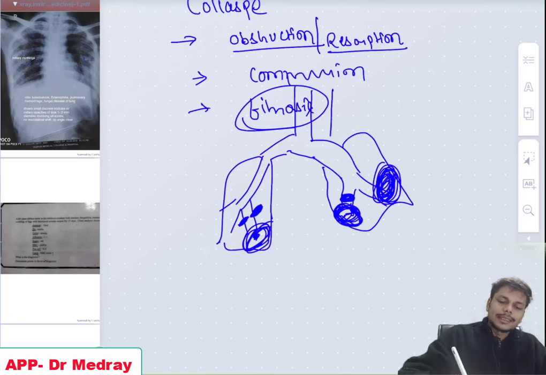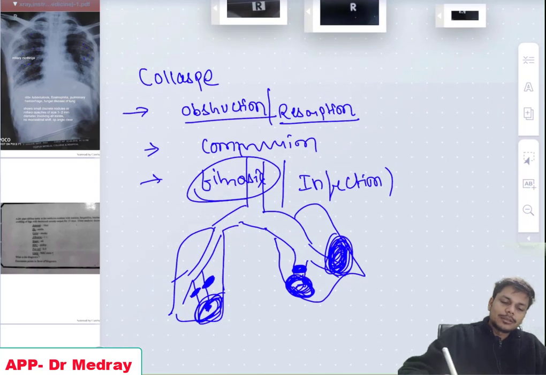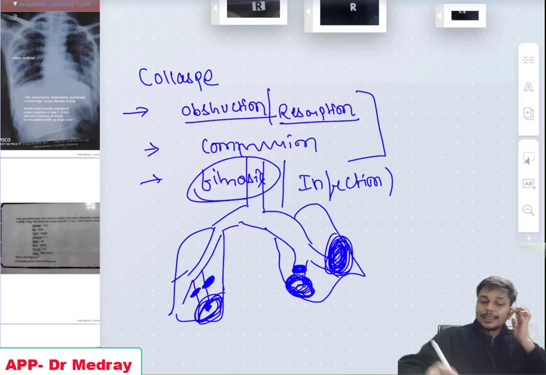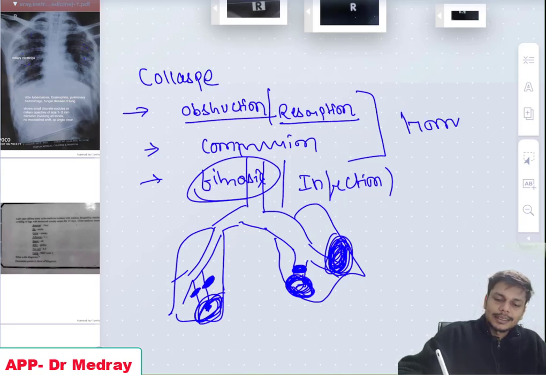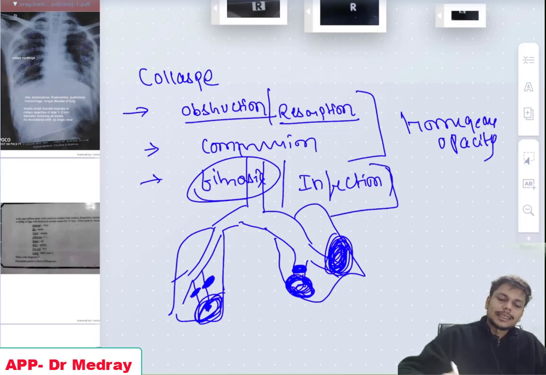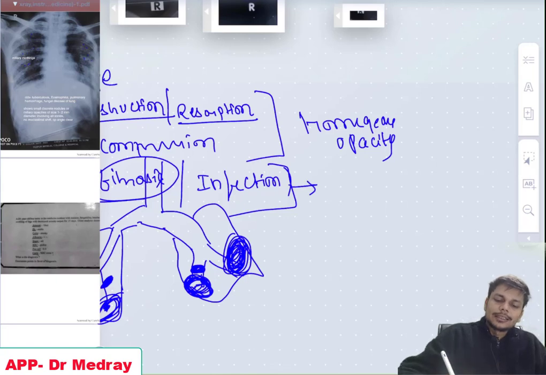Fibrosis or cicatrization usually occurs because of infection. If the collapse is because of obstruction and compression, you will get a homogeneous opacity. But if the collapse is because of fibrosis and cicatrization, you will get a linear fibrotic opacity.